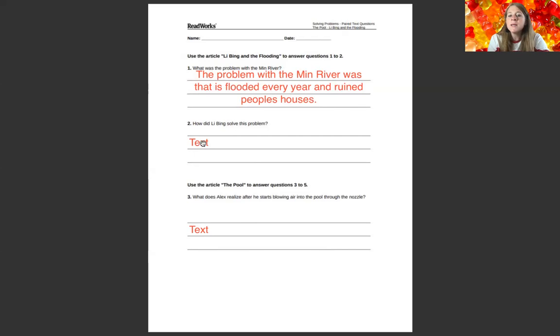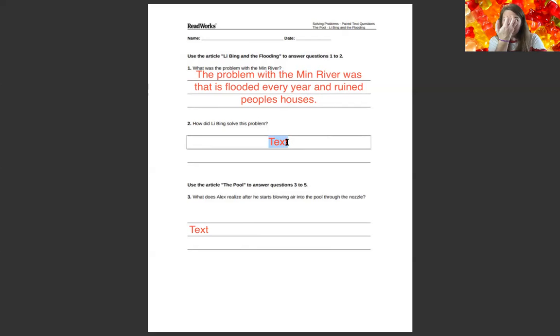How did Li Bing solve this problem? Remember, that was the governor. He came in, he investigated, he found out that it was from the snow melting on the mountains and going down to the river. How did he fix that problem? What did he end up doing? Go ahead and tell me what he did. Yeah. Okay.